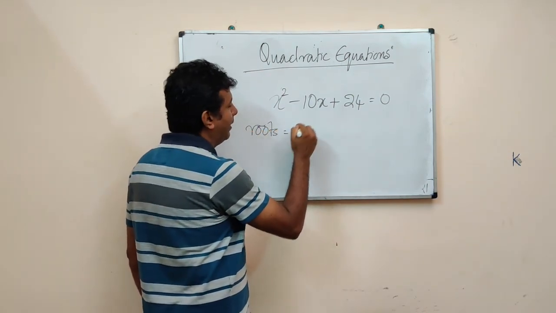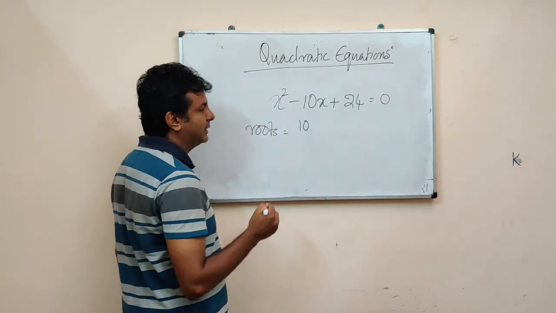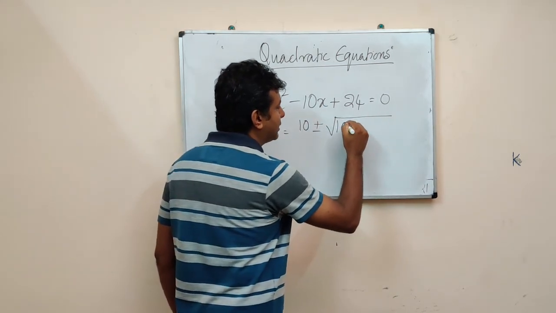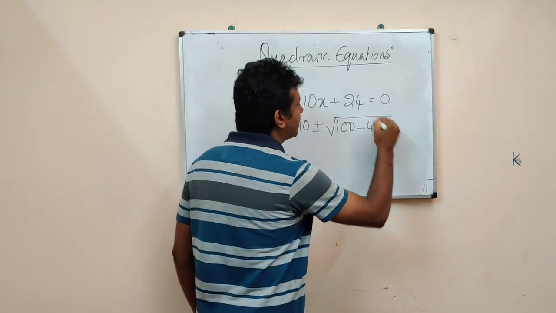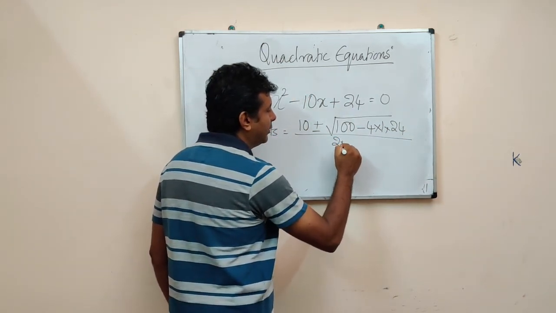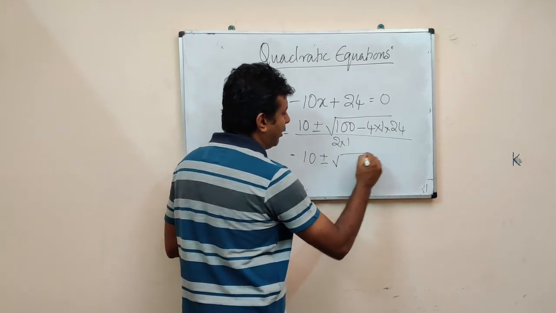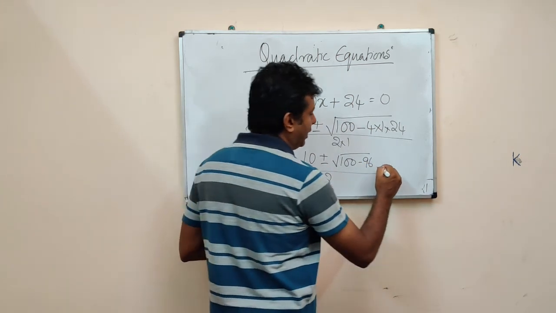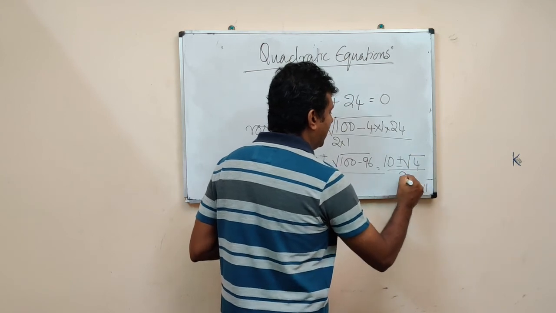The roots are minus b, that means minus of minus 10, which is 10, plus or minus square root of b square, which is 100, minus 4 into a, which is 1, and c, which is 24, divided by 2a, that is 2 into 1. So this will yield 10 plus or minus square root of 100 minus 96, by 2, or 10 plus or minus square root of 4 by 2.